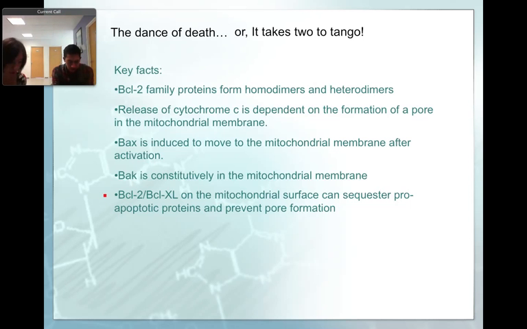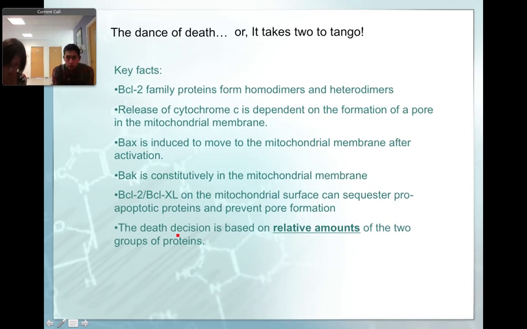Yes. And that's exactly what happens. So this decision of death of the cell is based on relative amounts of these groups of proteins. If I have a lot of BCL2, which is keeping the cell alive, then the cell isn't going to die.